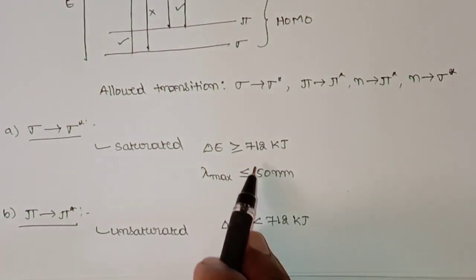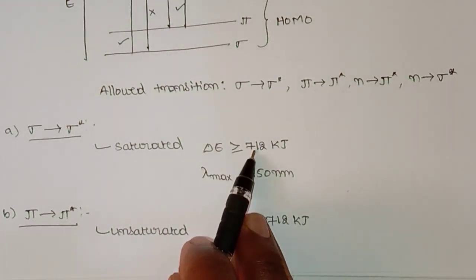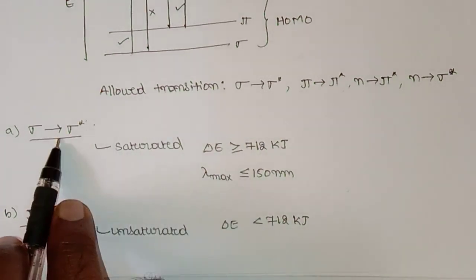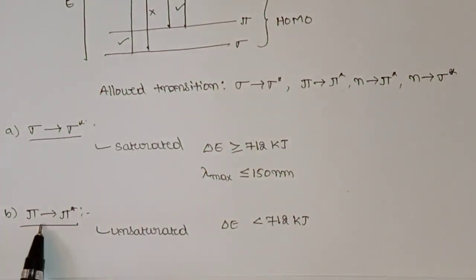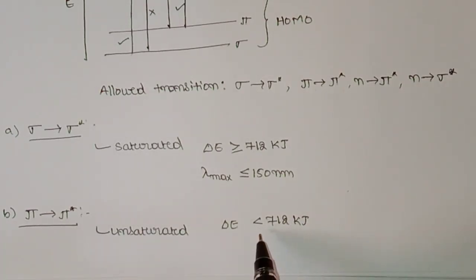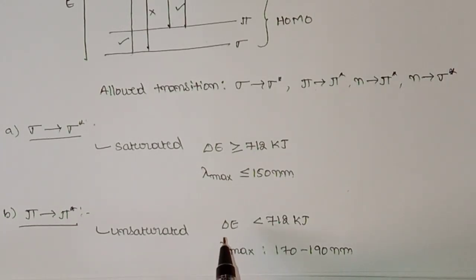If it is greater than or equal to 712 kilojoules, that causes sigma to sigma star transition. In order to cause pi to pi star transition, the energy required will be less than 712 kilojoules, and the maximum absorption of light will occur for this pi to pi star transition for a wavelength between 170 to 190 nanometers. In this range, the maximum absorption will be occurring.